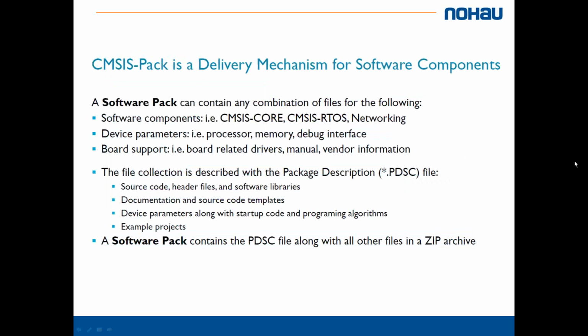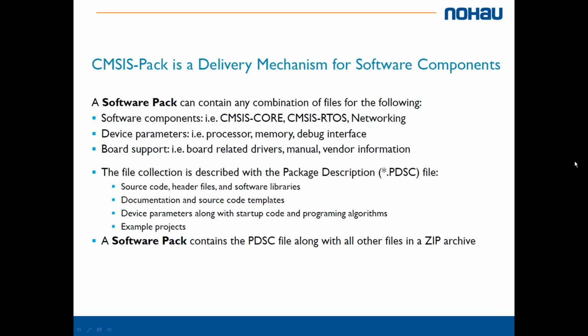It can be, for example, a CMSIS core, a network stack, some processor memory, board-related drivers, manuals, vendor information, or just some piece of code that you have produced and you would like to save within your company, so your coworkers have easy access to it and you can use it in the future.